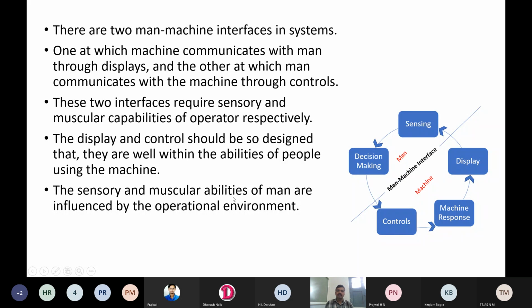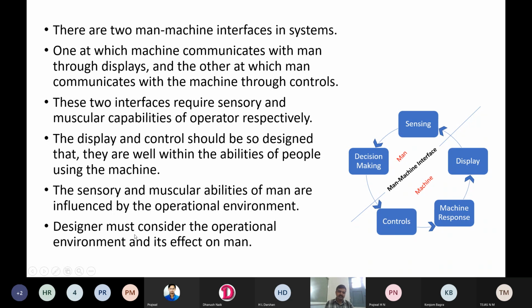Even a person who has very good vision, during morning time, if there is fog, the vision capability will be affected by the fog or even by the smog because of pollution. There are adverse situations during rainy season and winter season. The vision capabilities are affected by environmental conditions, and that also needs to be considered while designing human machine interface systems.